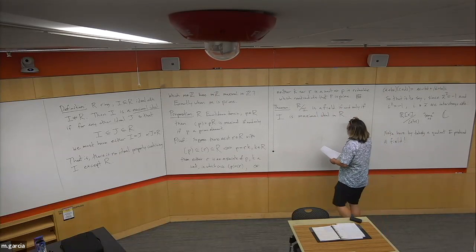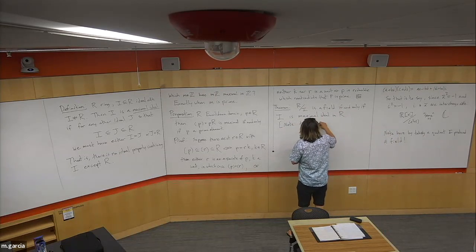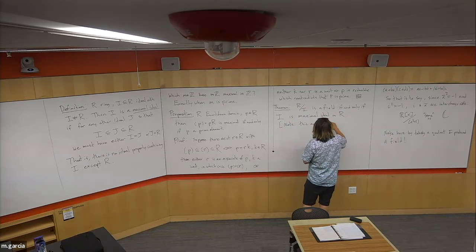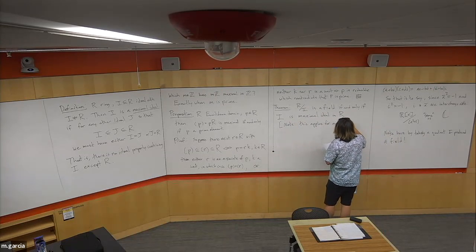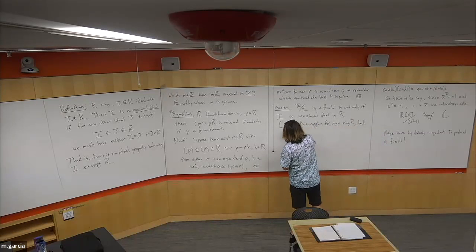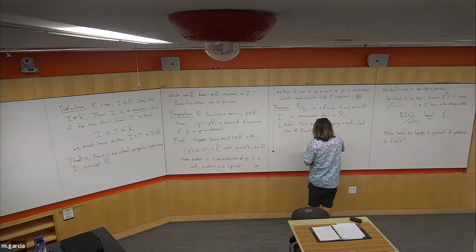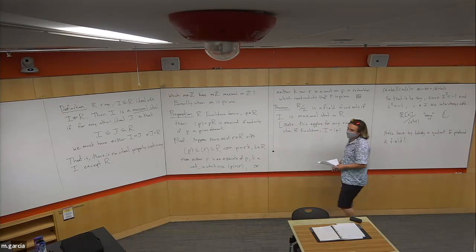Okay, so before we prove this, just one note. This applies for any ring R, but when R is Euclidean, we know that I, a maximal ideal, is just generated by a single prime element.